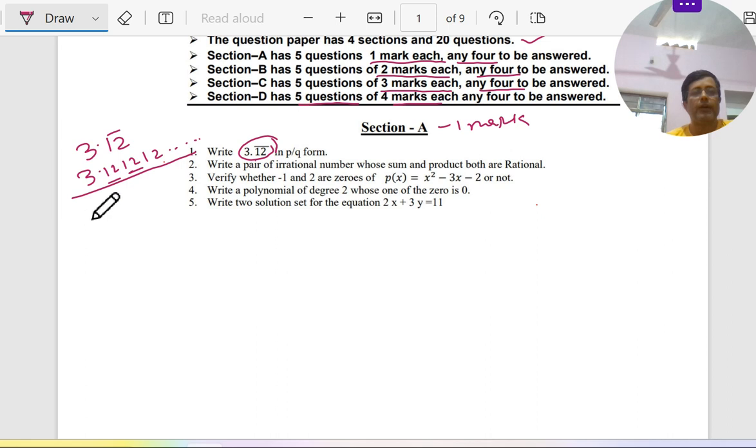For a shortcut, what I do is I write all the numbers. So we write here 3.12 recurring is equal to 312. Then we subtract the digits which are without recurring, whether on the right side or the left side. Here 3 is the only such number.